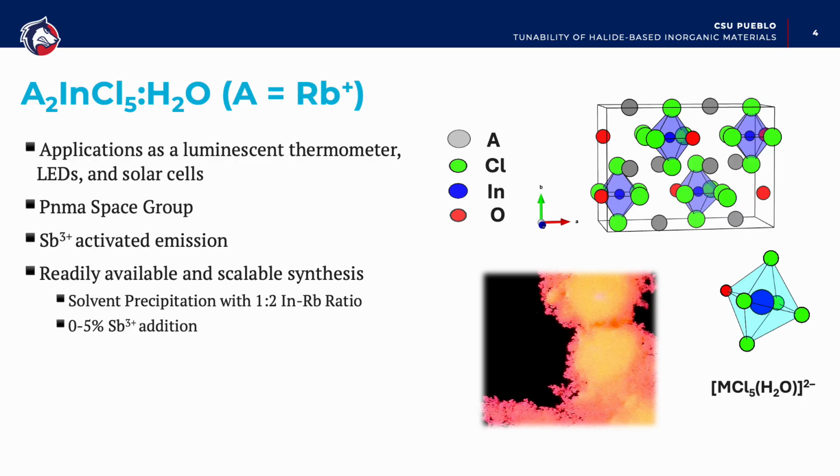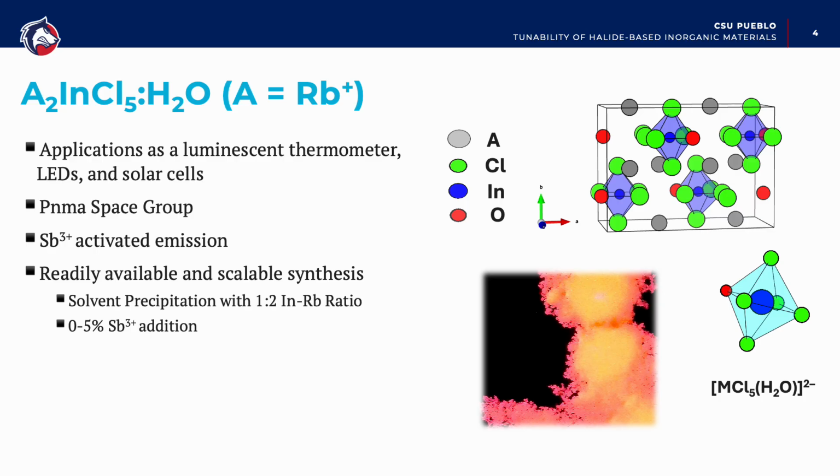These photoluminescent materials have applications in photovoltaics, as LED components, and even as luminescent thermometers. Our sample is synthesized using a method from Pat Woodward's group at The Ohio State University, which simply involves a very easy to do solvent precipitation of the rubidium chloride and indium chloride salts, as well as a 0 to about 5% antimony 3+ dopant.